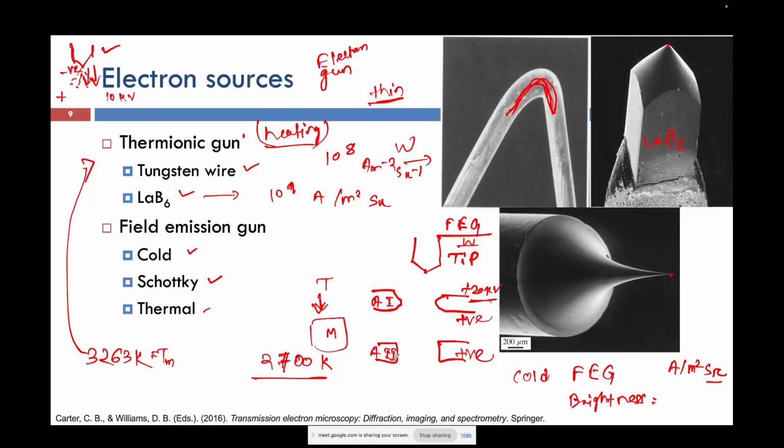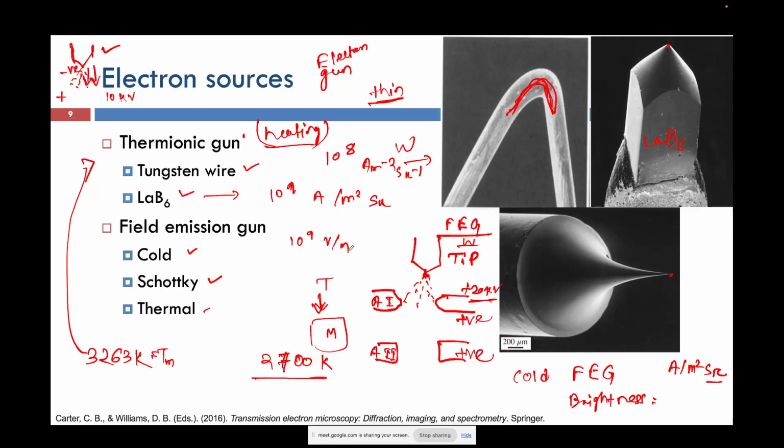I am applying a very high positive electric field, so what will happen? The electrons, without heating, will start coming out. And what is the value of that electric field? That value is 10 to the power 9 volt per meter.